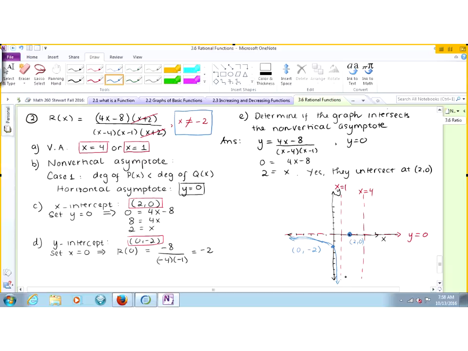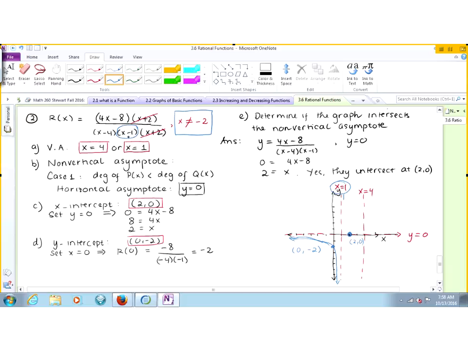Will it start on top or will it start on the bottom? On top? You're correct, but why? Because x equals 1, this comes from which factor? From this factor, x minus 1.